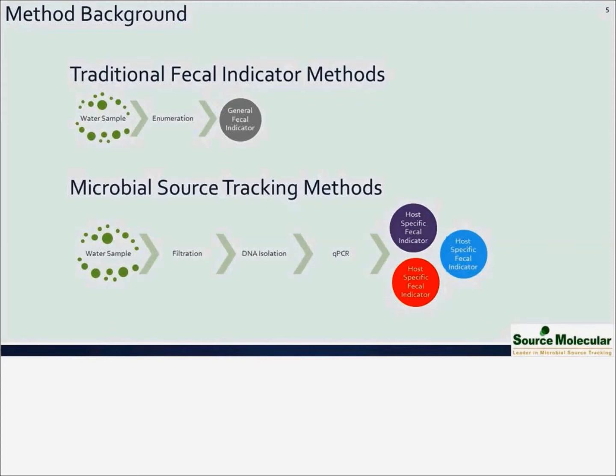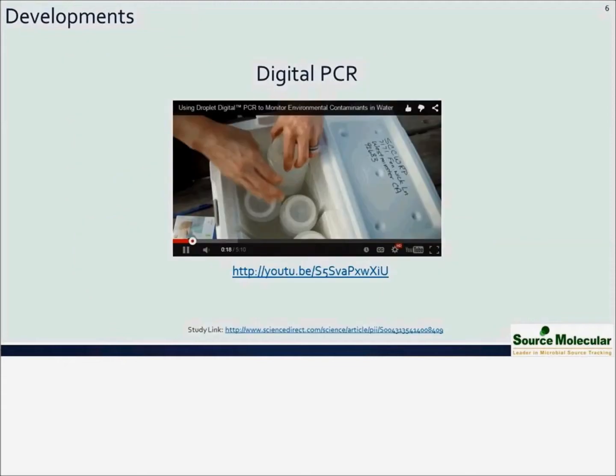Now, what has happened more recently in source tracking that's new and interesting and causing the latest advancements? There are three main developments. One is digital PCR's introduction into environmental water monitoring.